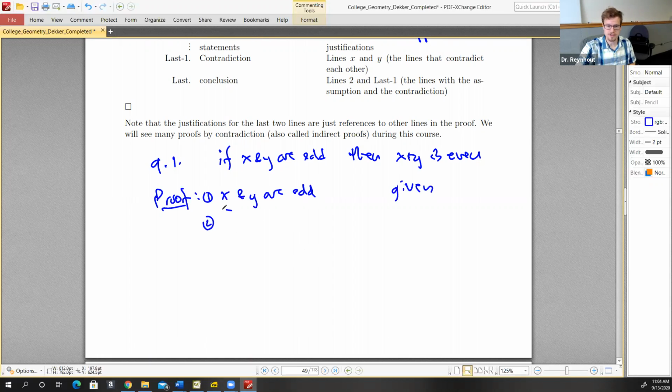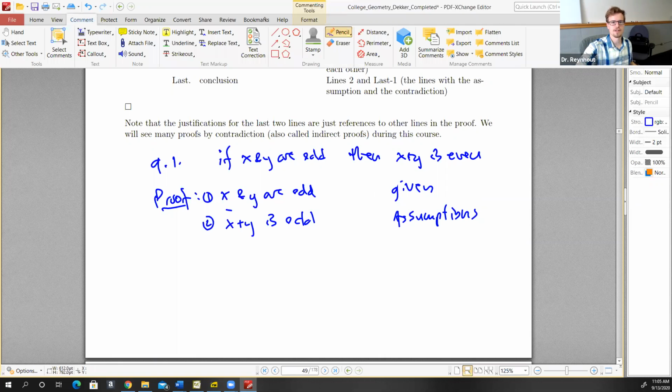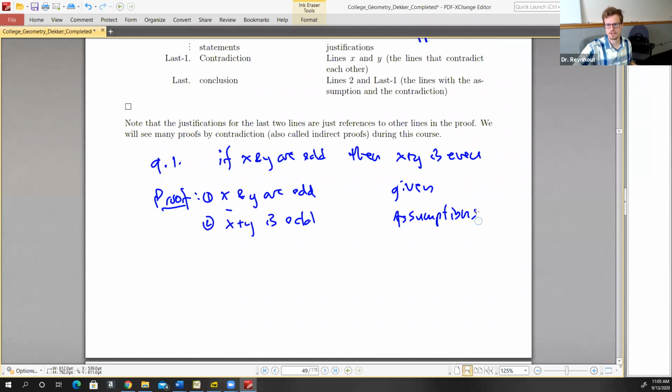Now for a contradiction, what I'm going to do is assume that x plus y is odd. And I'm going to give that as an assumption. And specifically, that's going to be an assumption for a contradiction, so assumption.